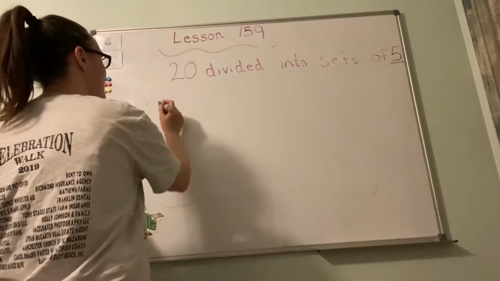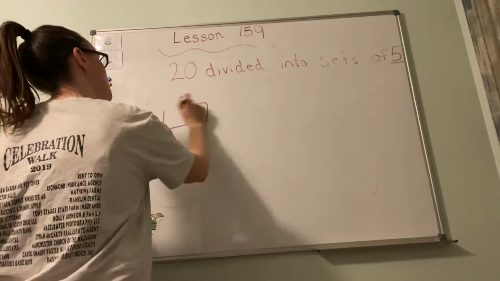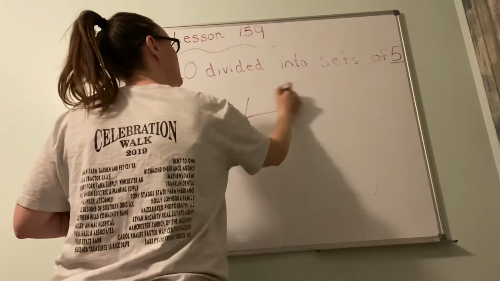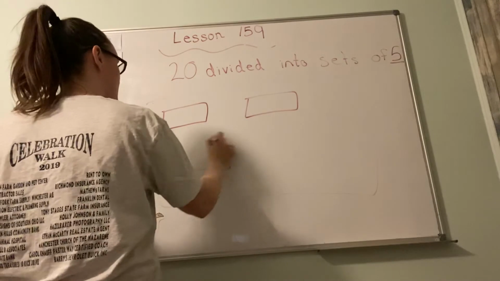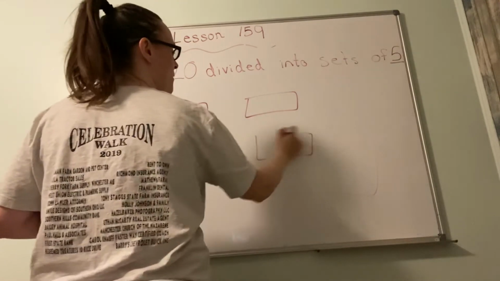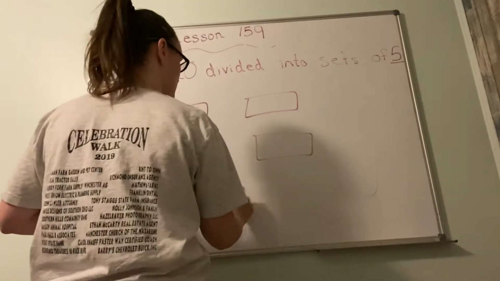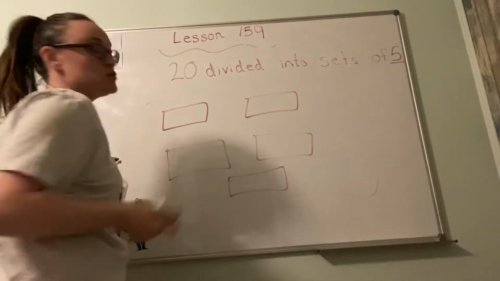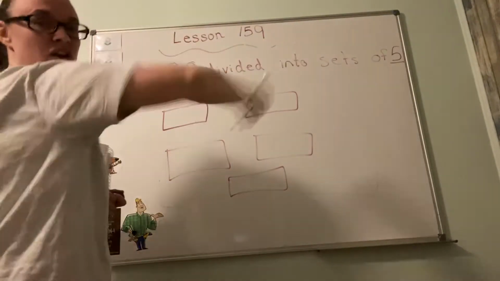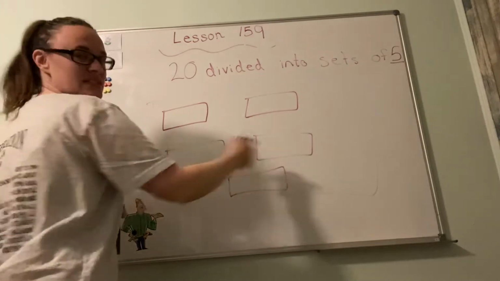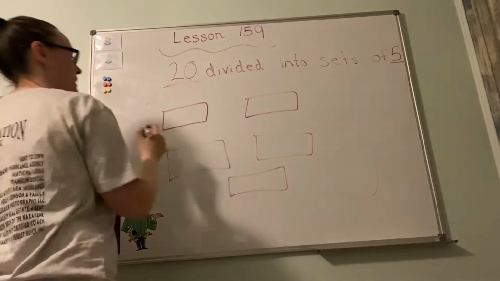Well, get your 5 sets out here: 1, 2, 3, 4, 5. We'll just squeeze another one down here. And we have 20 again, so just like we're dealing cards, give each set 1. Here we go until we get to 20.